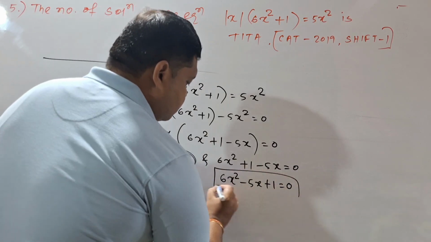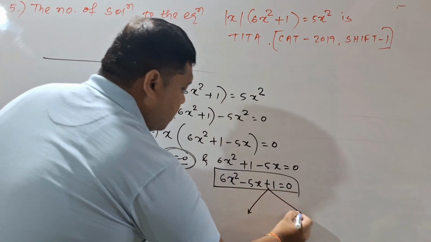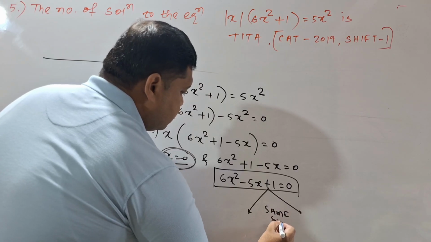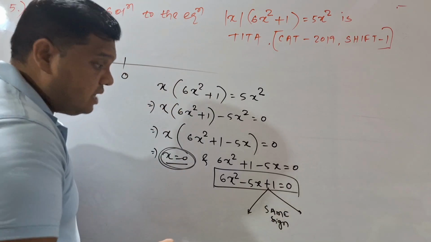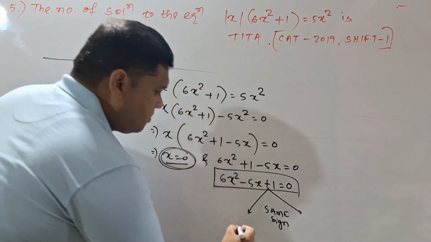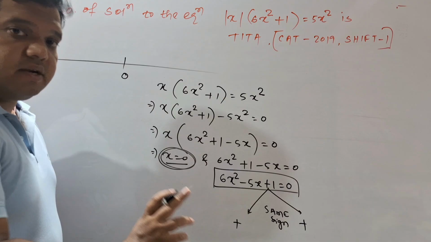Normally, if you observe this quadratic equation, this plus sign indicates the same sign, and whatever roots you get, both have the same sign. Who decides that sign? This minus: its opposite is plus, so both the roots have positive sign. Whatever roots you get, both are positive.